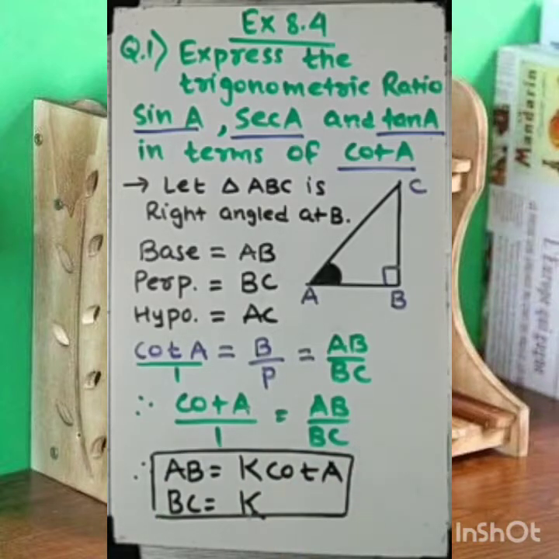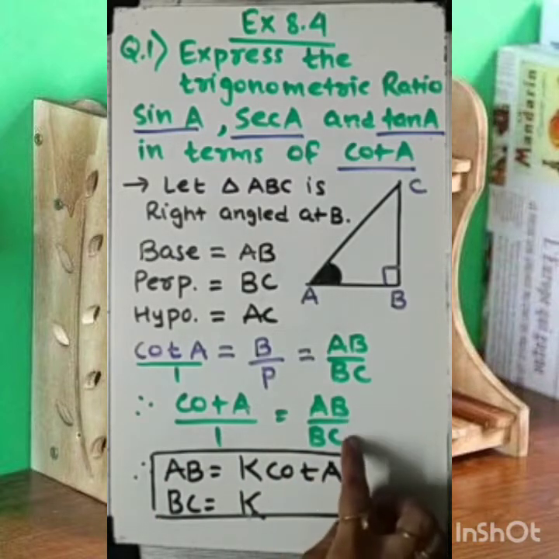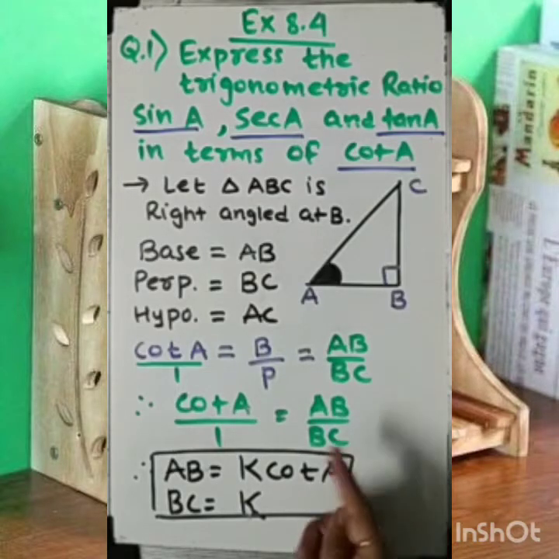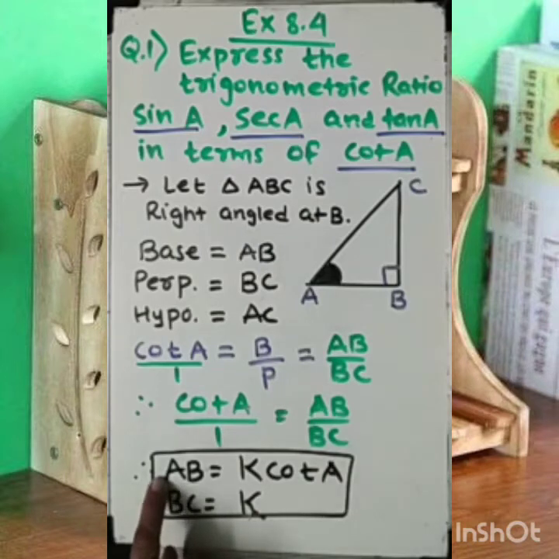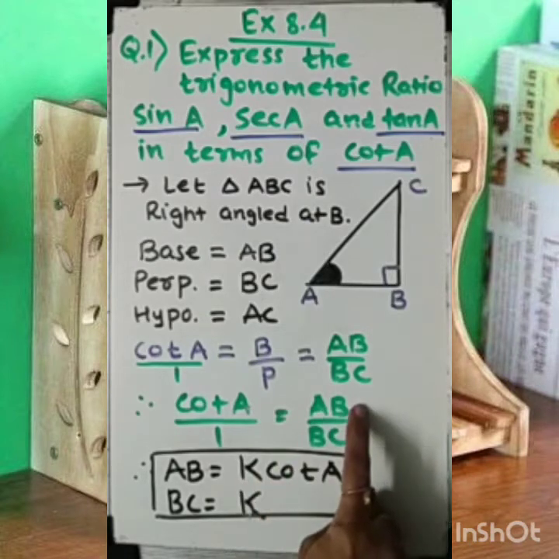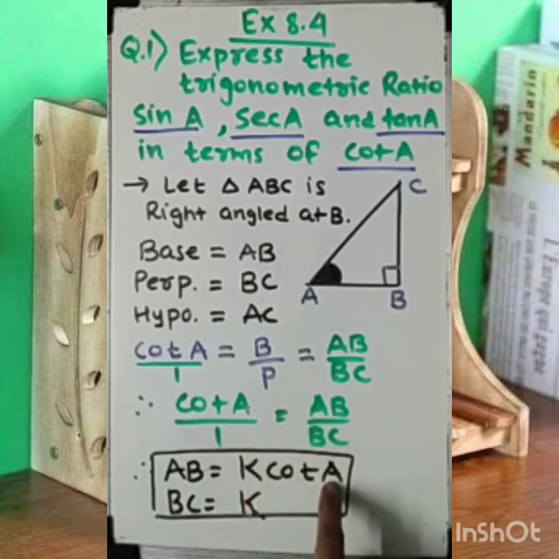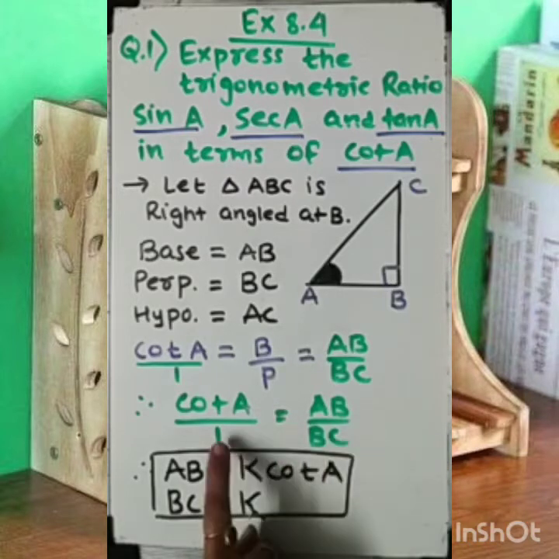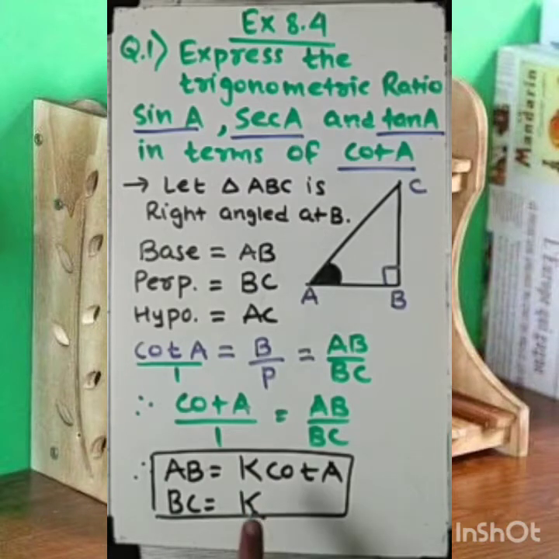As it is a ratio, whenever we write the ratio and want to write individually in a simple form, I need to choose one constant. So here I have taken k as a constant. So the value of AB will be k cot A, and of course the value of BC will be k into 1, that is k. Now let's see further how to solve.